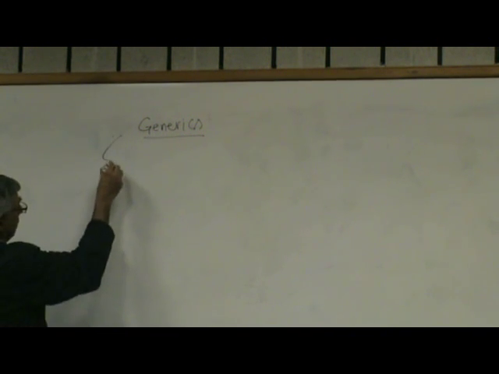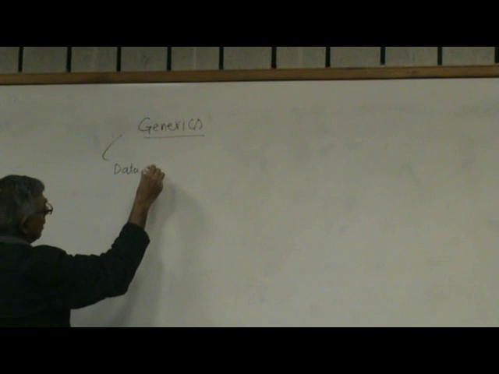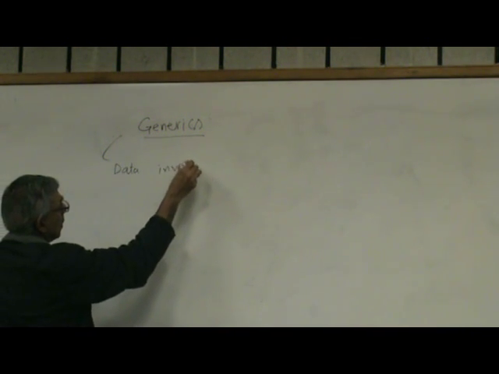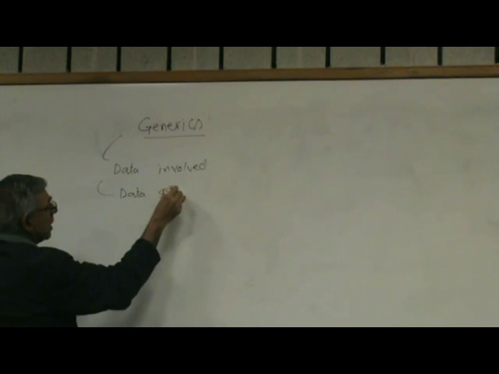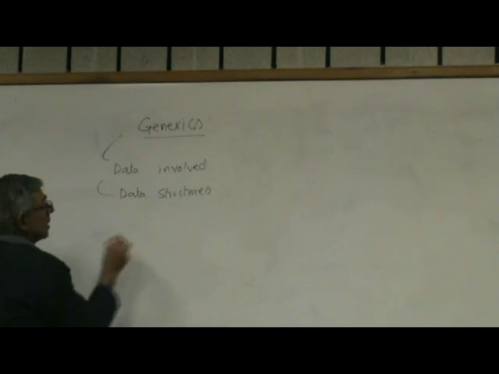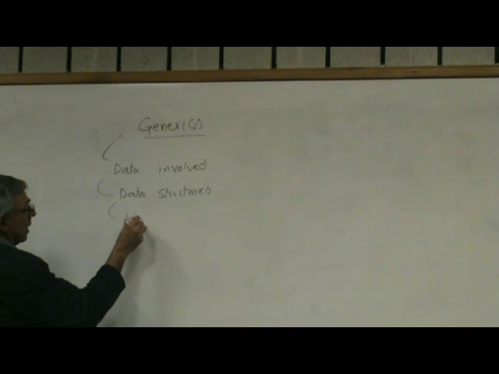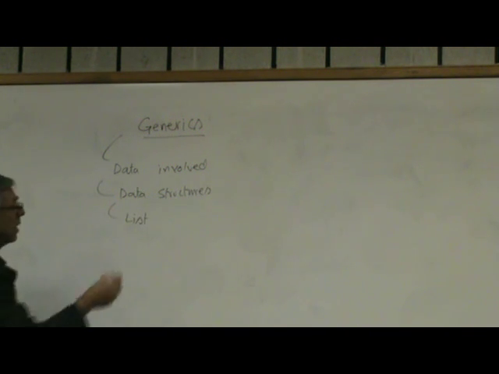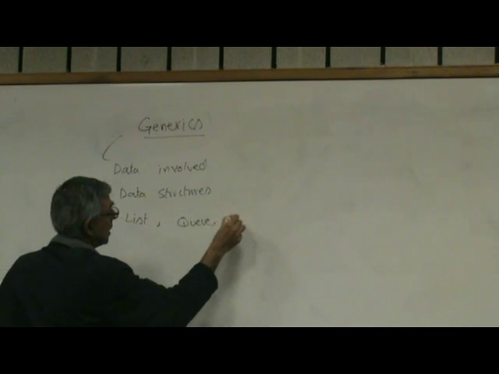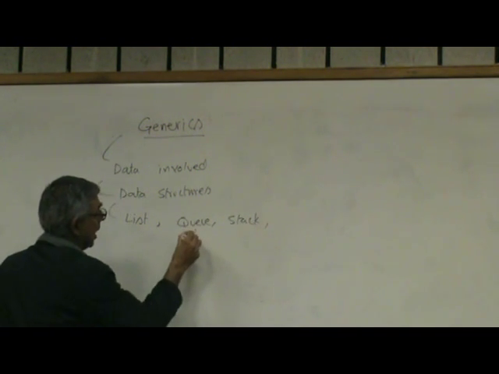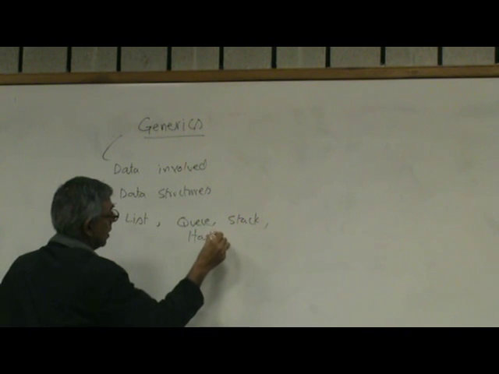So anytime we have data involved, for example, the classes that deal with data structures, we may have a linked list, we may have a queue, we may have a stack, hash table, right?